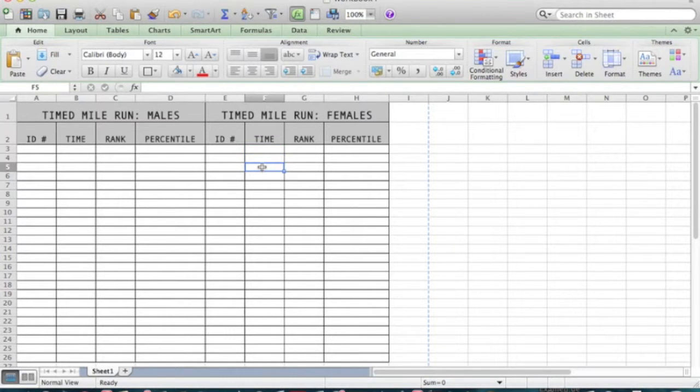And once again, once all the data is collected, I'll put the rank and the percentile. And also, there is a link on Edmodo where students can go and find, based on their age and their time, where they rank according to the physical fitness test, the President's Challenge.